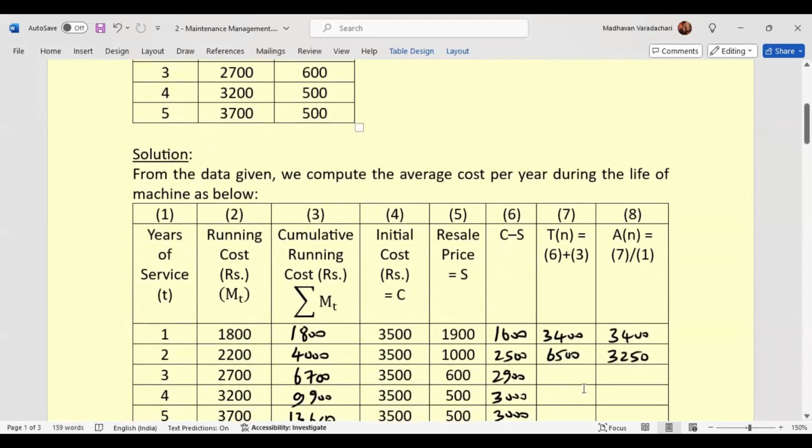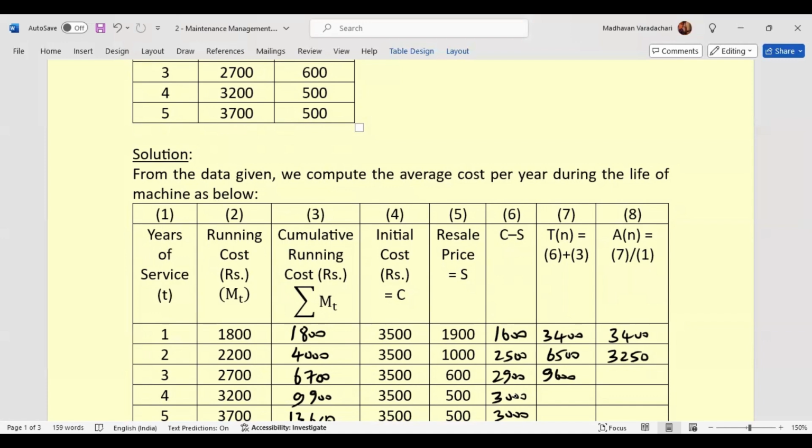Okay. Next, 6,700 plus 2,900 works out to 9,600, divided by 3 for getting average cost.